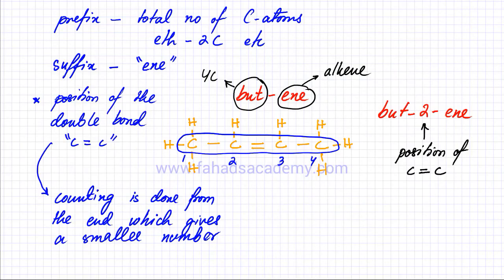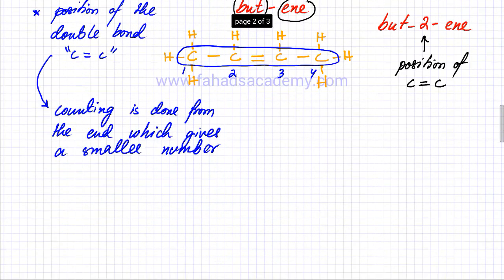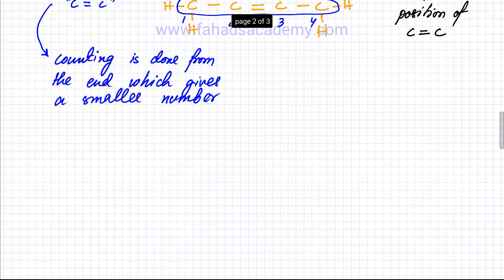So let's do a few more examples for alkenes, and let's try and draw another alkene. Let's say we have five carbon atoms, and there's a double bond attached at the very first one.